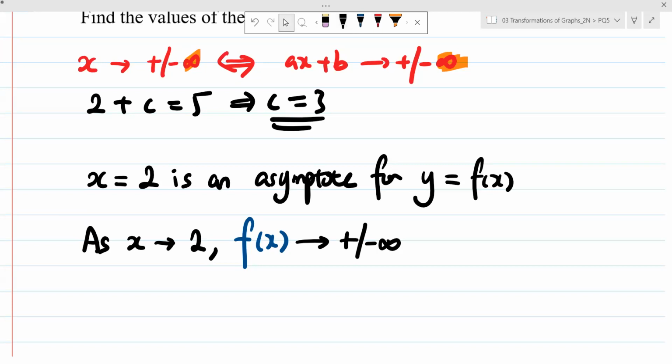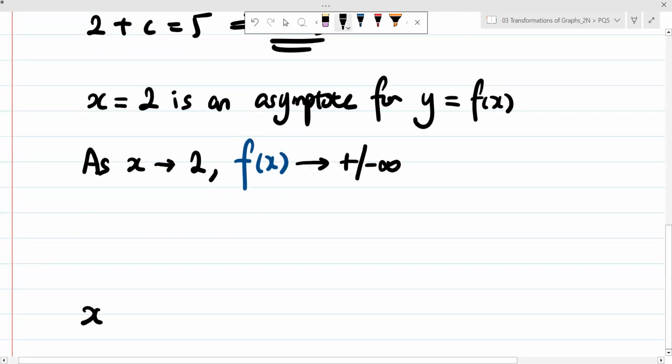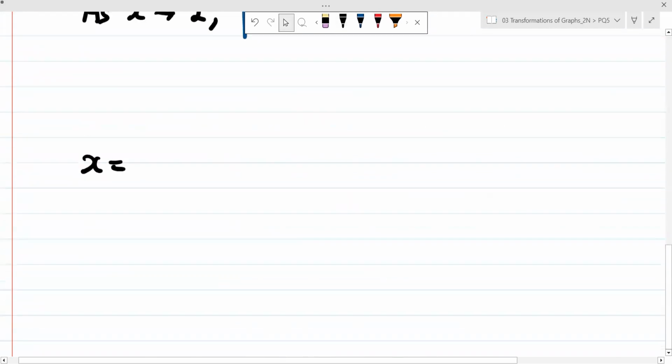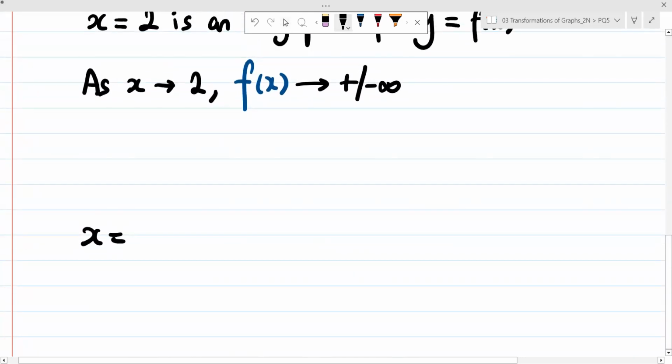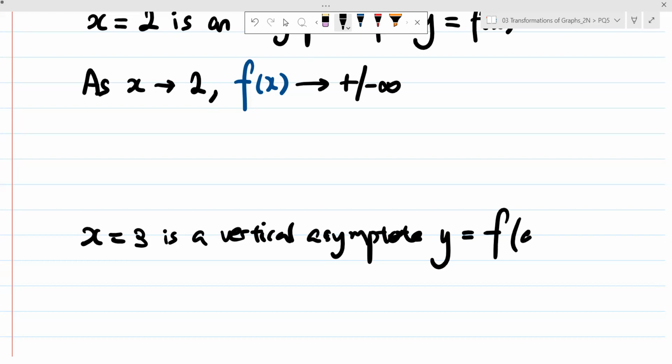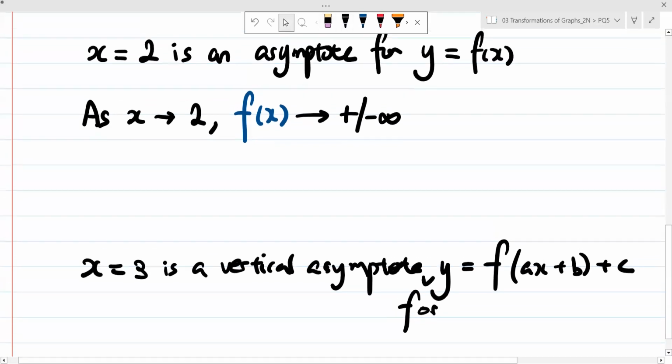Okay, now I want to figure out x equals what is an asymptote for y equals f(ax plus b) plus c. Okay, let me break this down for you.